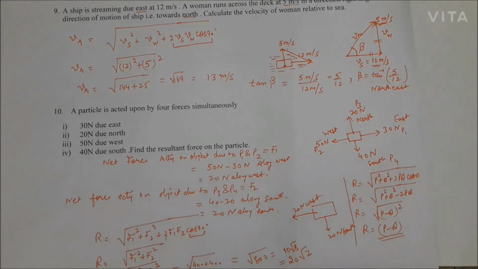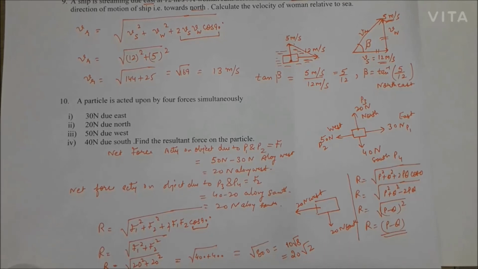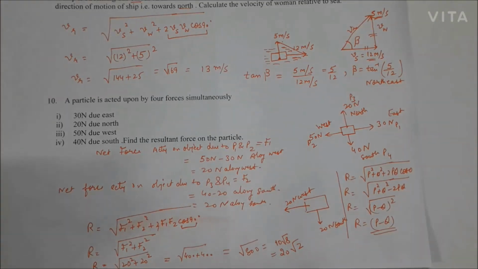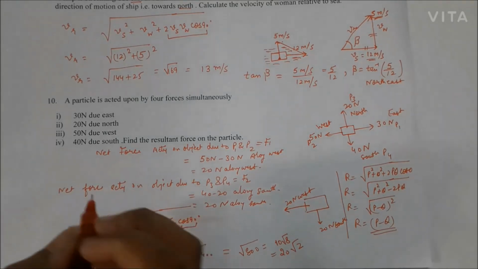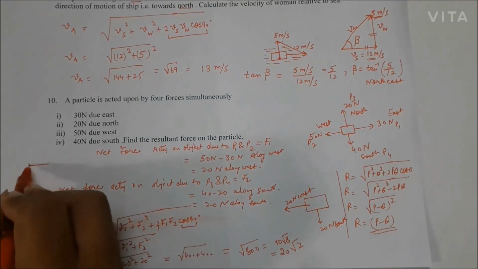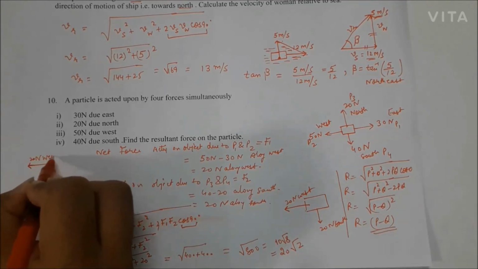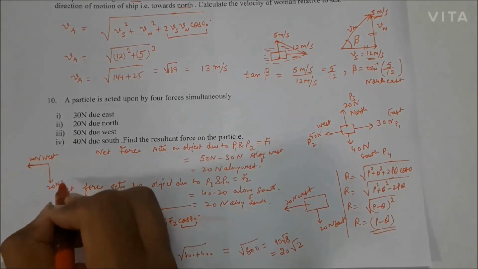Now the thing which is left is the direction of the force acting on the particle. Let's see what will be the direction of this resultant now. In order to find out the direction, just see this diagram. I am representing it in a simplified form. In this direction my 20 Newton towards west, and in this direction my 20 Newtons south.